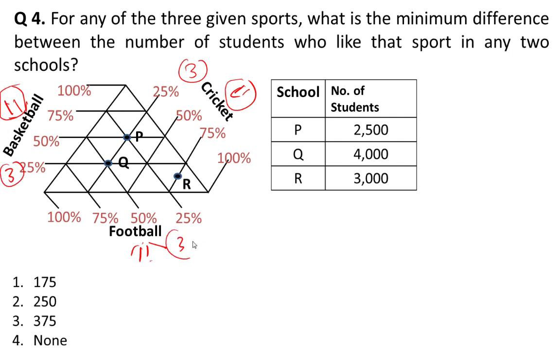For football, 3 calculations. After 9 calculations, you need to compare the figures, and then you will be able to fix your answer. Instead, let's see, can we change the approach to simplify a little and make the process faster? Let's see this one.